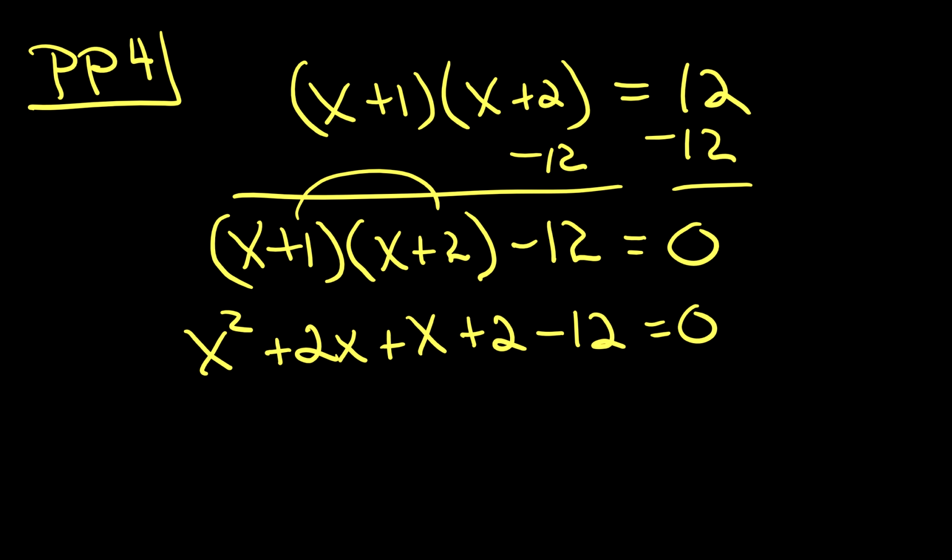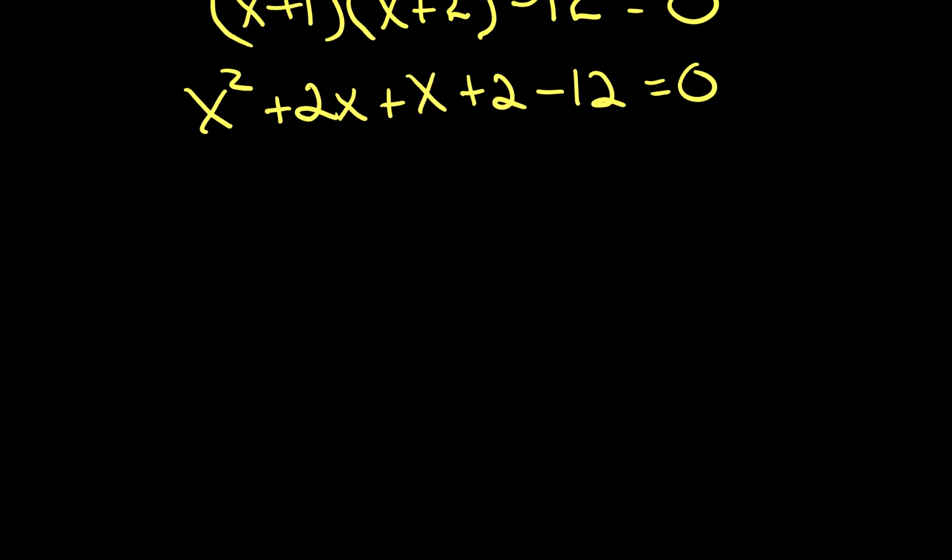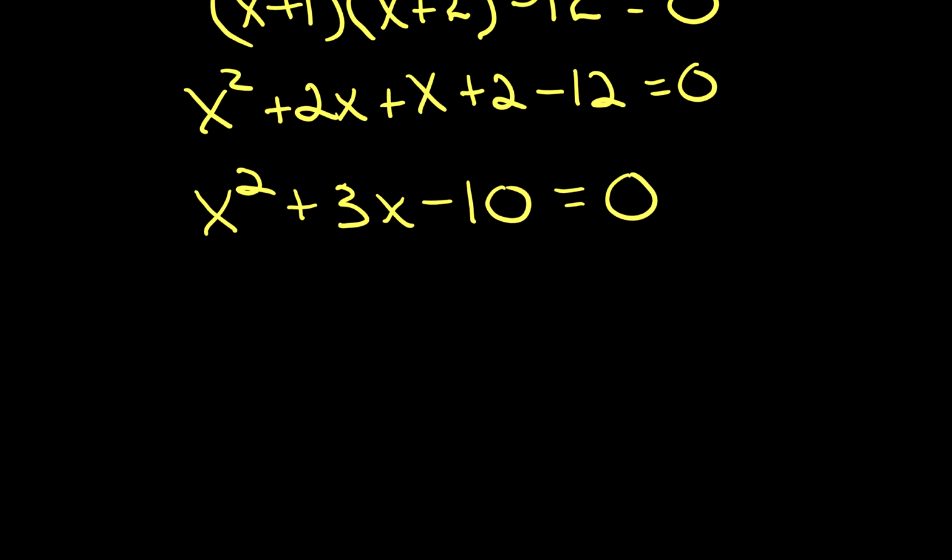Now I want to combine all my like terms here. So when I do, I'm going to end up with x squared plus 2x plus x is 3x, and then 2 minus 12 is negative 10. That equals 0. See how nicely that came together?